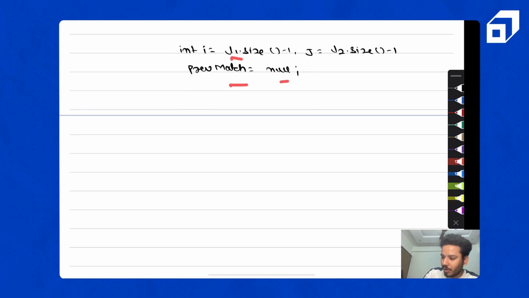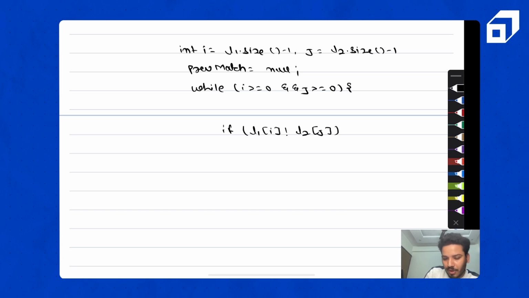So I start by putting two pointers at the end of both of them. Now while I is greater than or equal to 0 and J is also greater than or equal to 0, simple. If in L1 the ith element is not equal to L2's jth element, it means I have to return previous match, whatever previous match was there.